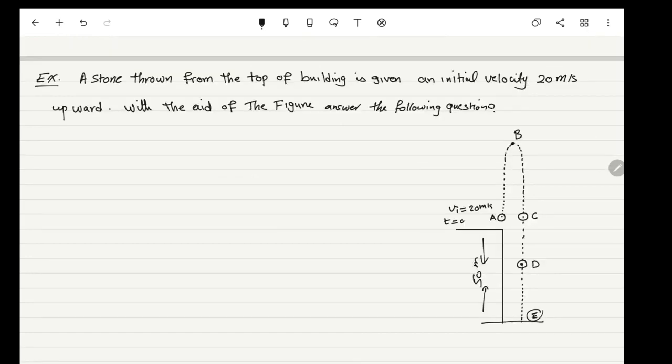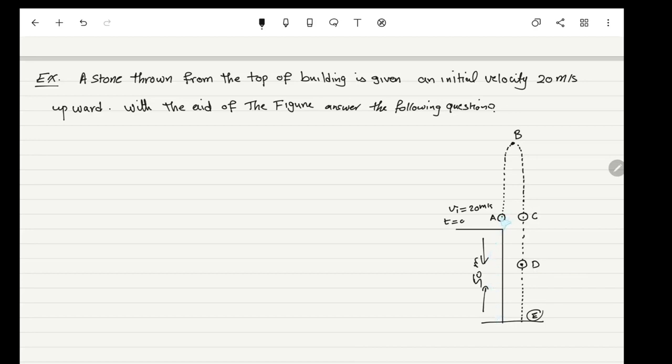Now let's have this comprehensive example. A stone thrown from the top of the building is given an initial velocity of 20 meters per second upward. With the aid of this figure, answer the following questions. Just before starting, let's understand this figure. This is the building, and the height of this building is 50 meters.